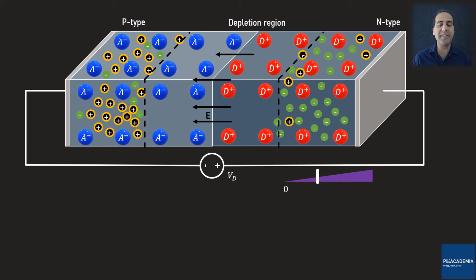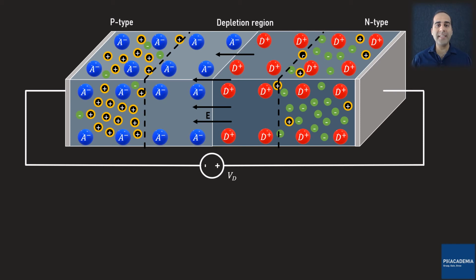To preserve the neutrality of the P semiconductor neutral region, an electron from the negative metallic contact gets in the device and recombines with the hole. I hope you just realized how the current flows through the device under the reverse bias.